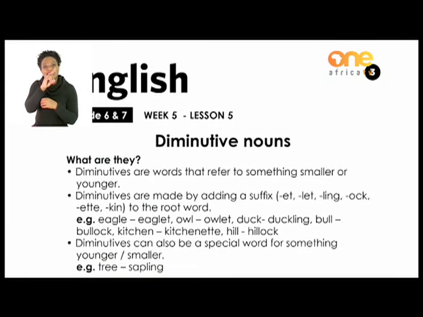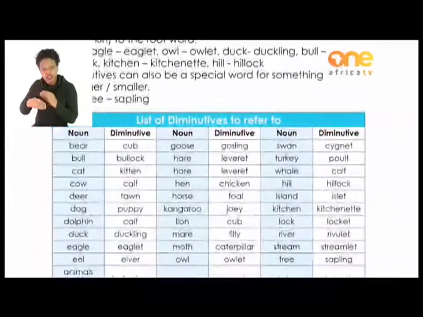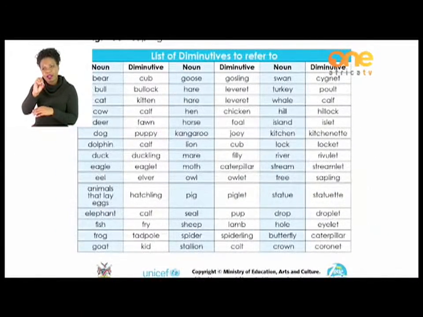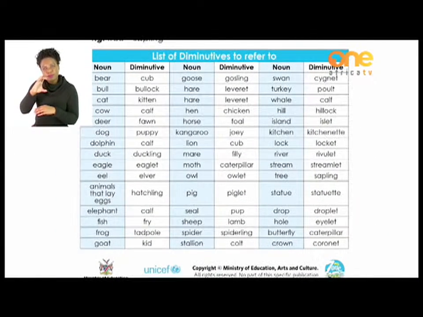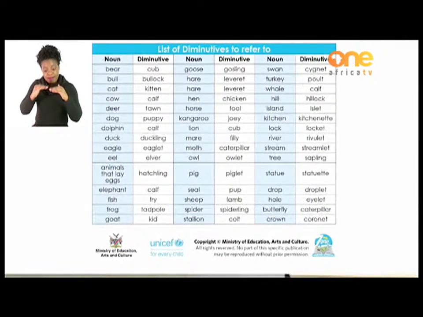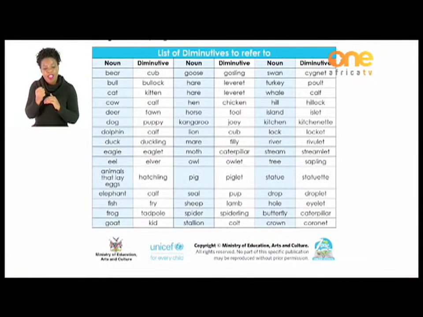Diminutives can also be a special word for something younger or smaller. E.g., tree, we call it a sapling. A small tree is called a sapling. Right, let's proceed. Below there on the same page, we have a list of diminutives to refer to. We want to use this as our dictionary as we do our activities.